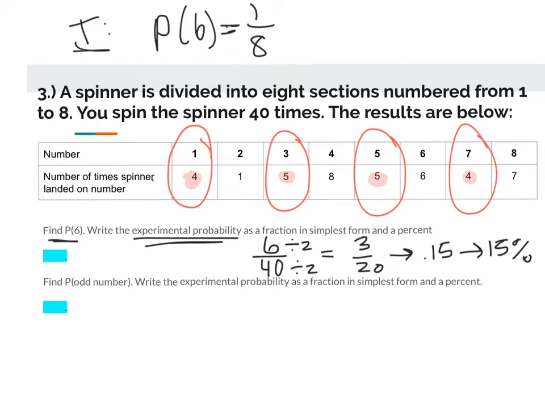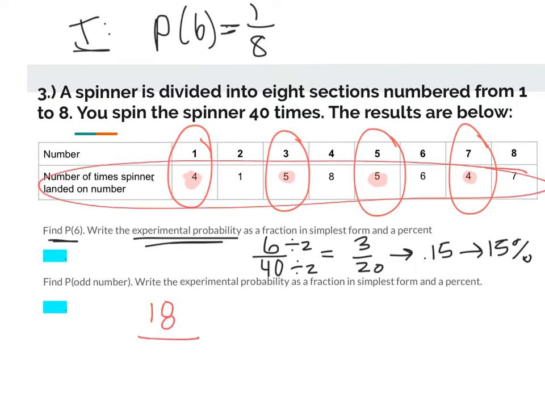So remember, with experimental, we're going to put the number of favorable outcomes on top. So that's how many times it landed on those numbers. So we need to add 4, 5, 5, and 4, which would give us 18, over how many times the spinner was spun in total? That was 40 times.